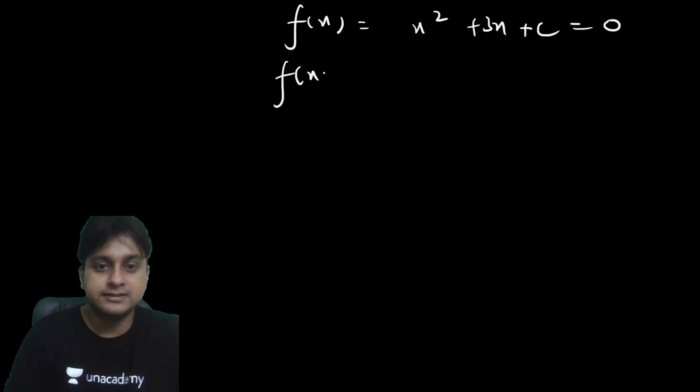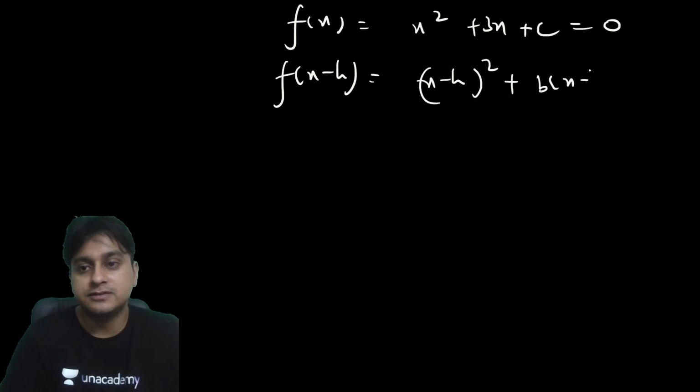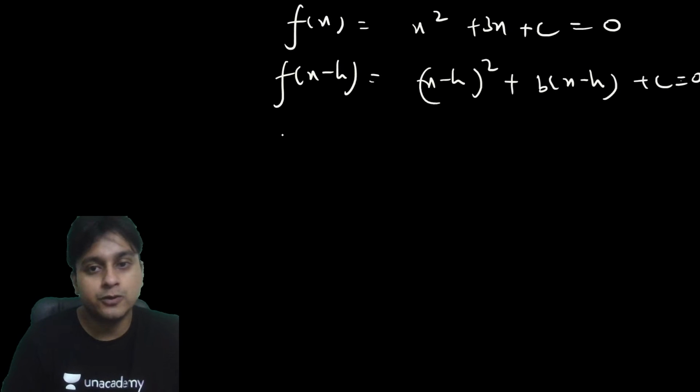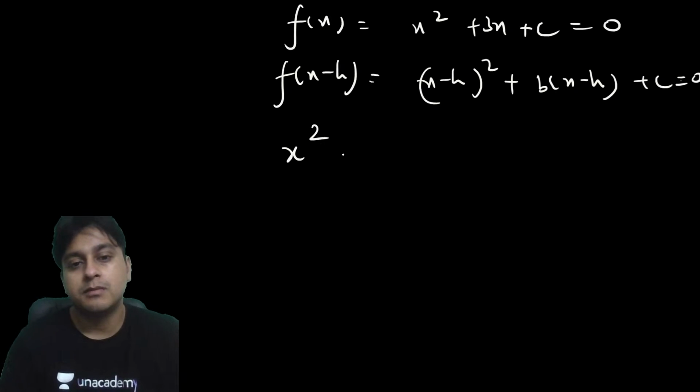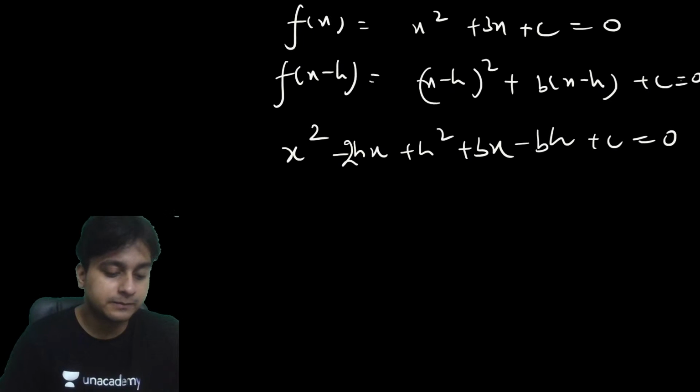So f of x minus h will be the transformed equation, x minus h whole square plus b times x minus h plus c. If you open it up, you will be getting x square minus 2hx plus h square plus bx minus bh plus c equals 0, isn't it?